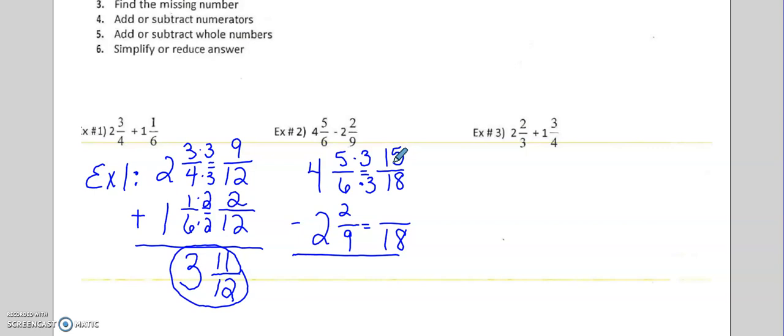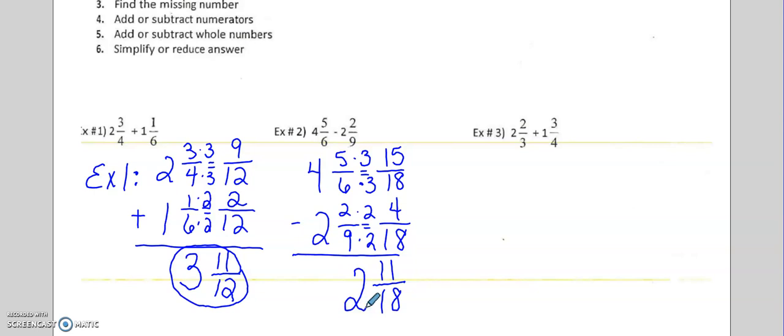And downstairs, I have 9 times 2, so I have 4/18. Now when I subtract 15 minus 4, I get 11. And remember, the denominator stays the same: 11/18. And I'm also going to subtract 4 minus 2, and I'm going to get 2.